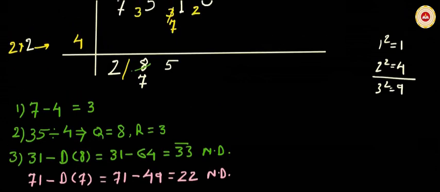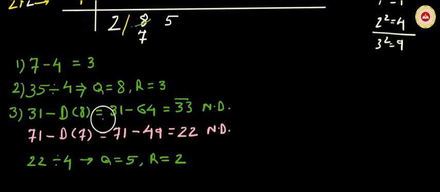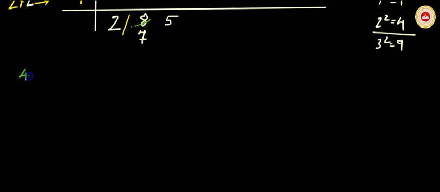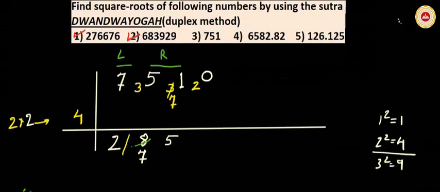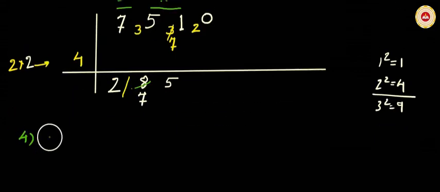So friends, please write these 3 steps. I am going to clean it now. Gross dividend 20 minus, how to calculate net dividend? Subtract duplex of these two digits from gross dividend 20.